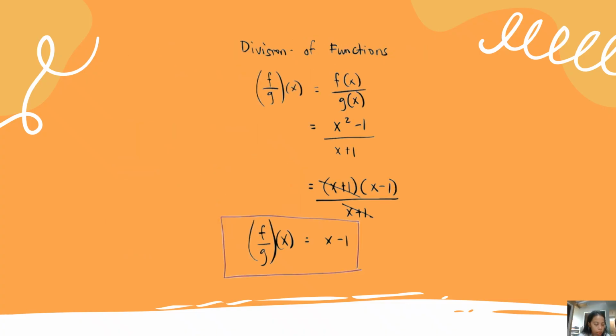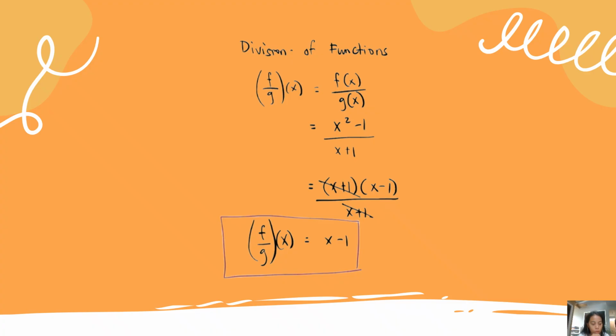Next, let's find the quotient of the functions, f over g of x. The quotient is defined as f over g of x is equal to f of x over g of x. So substitute the expressions. Our f of x is x squared minus 1 and our g of x is x plus 1. So simplify the expression.